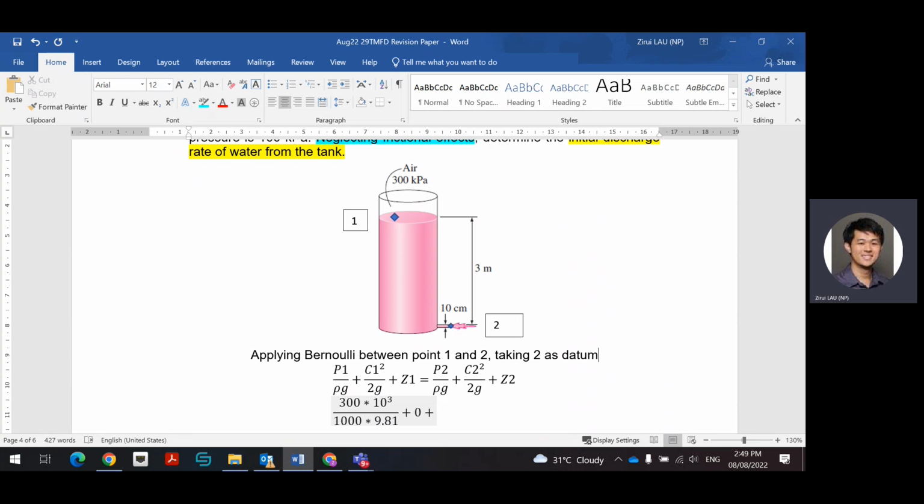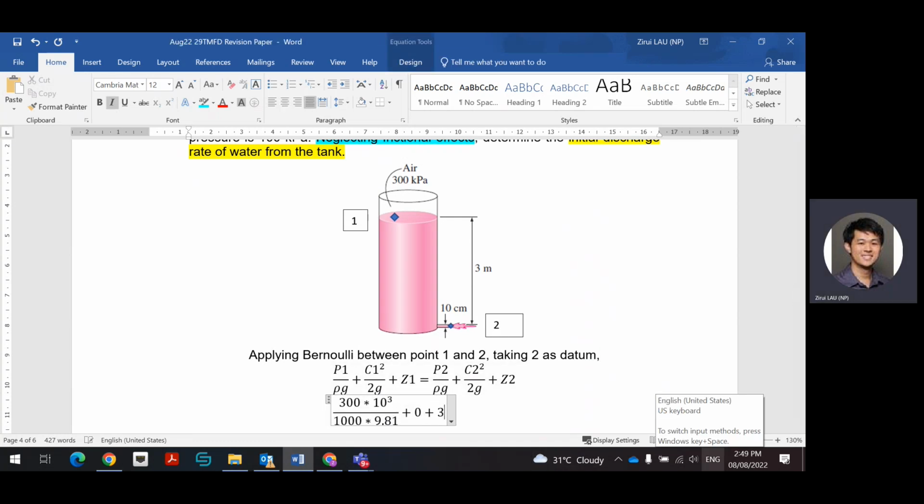Let me take 2 as datum so that I don't see negative. So if 2 is datum, what is Z1? 3. If you take the other way around, your Z1 will be -3 already. So we try to take a positive value if we can.